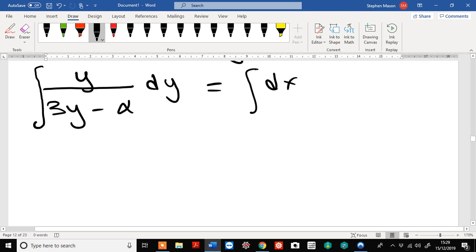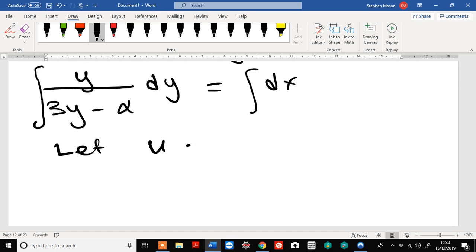Therefore, how are we going to do this integral? Well, we can't write this as log 3y minus alpha because there's a y on top in the numerator of the left hand side. So it's a bit of a problem, but there is a way to deal with this, and that is let u equal 3y minus alpha.